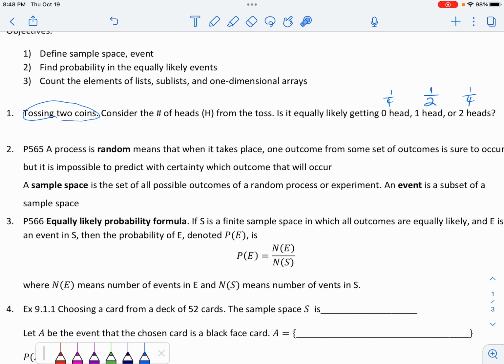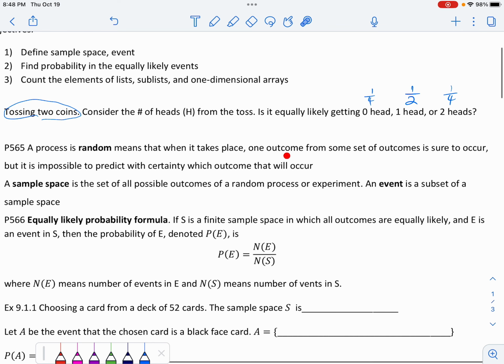Now we are going to begin with defining a few terms. We say a process is random. That means when this process takes place, one outcome from some set of outcomes is sure to occur, but it is impossible to predict with certainty which outcome that will be. For instance, tossing a coin is a random process. Because when you toss a coin, you know for sure either head or tail will occur.